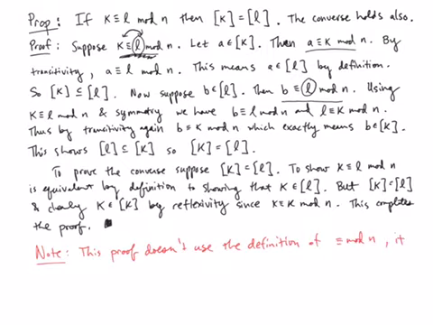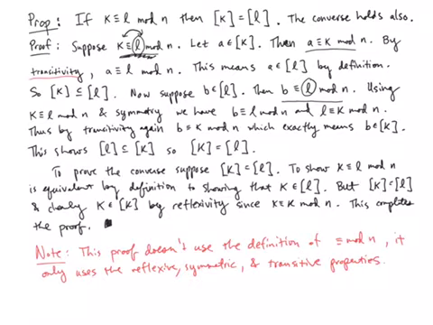It only uses the properties: the reflexive, symmetric, and transitive properties. You can see that. We hit transitivity there, symmetry, transitivity again, and then we also have reflexivity. So we used all of the properties at least once, and we needed to use all of them in order for the proof to work.